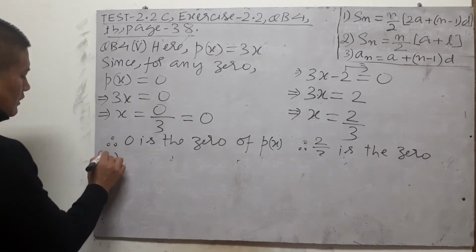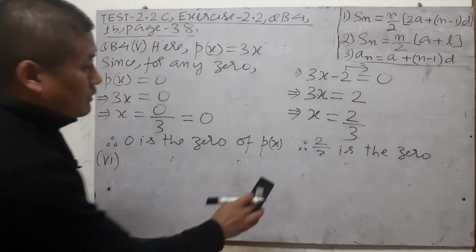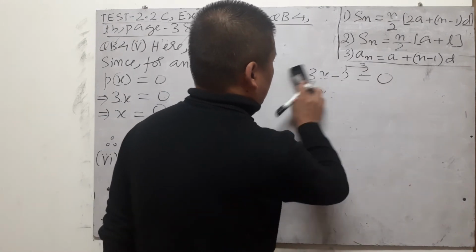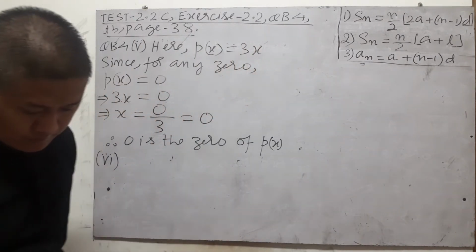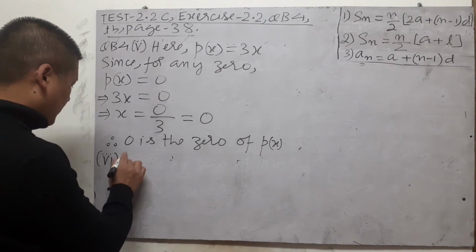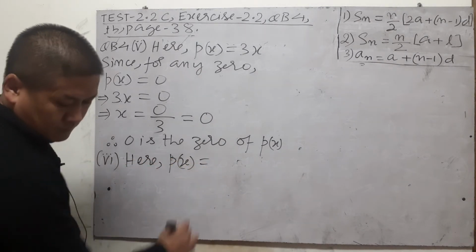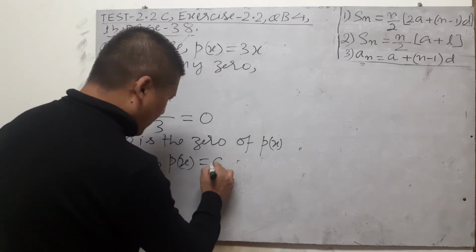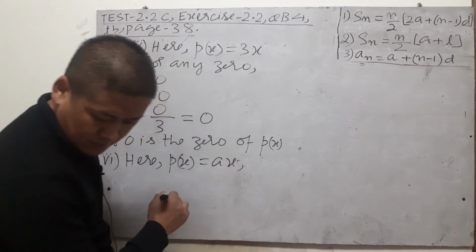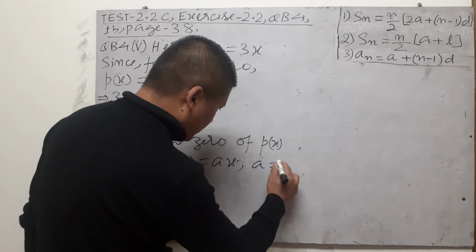Let's go to the sixth one. Okay. Sixth one is p of x here, p of x is equal to ax. Condition is given: a should not be equal to 0.